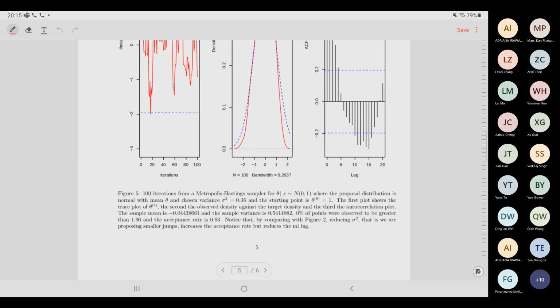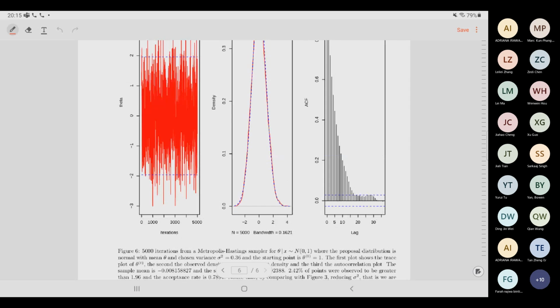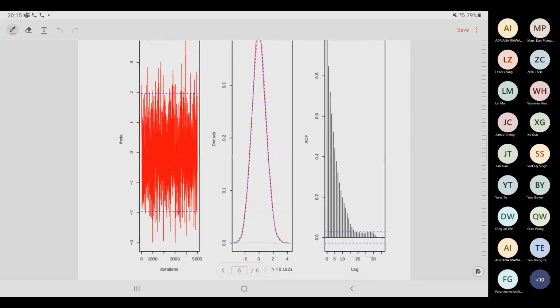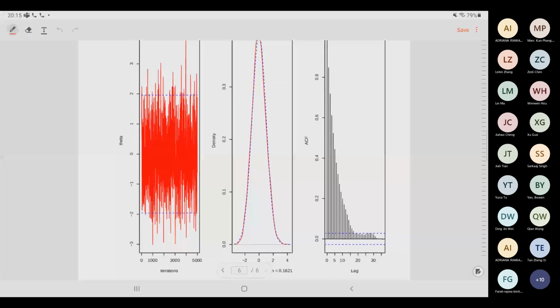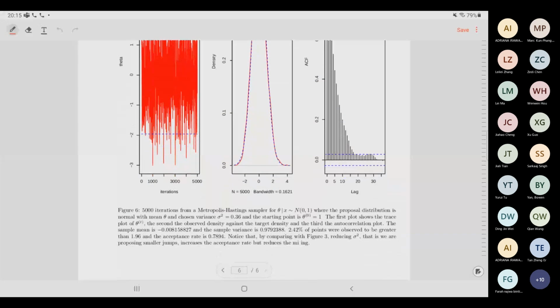But if we look at 5,000, you can see that there is actually more movement. Does it say what the acceptance probability is? Oh, okay, it doesn't actually.